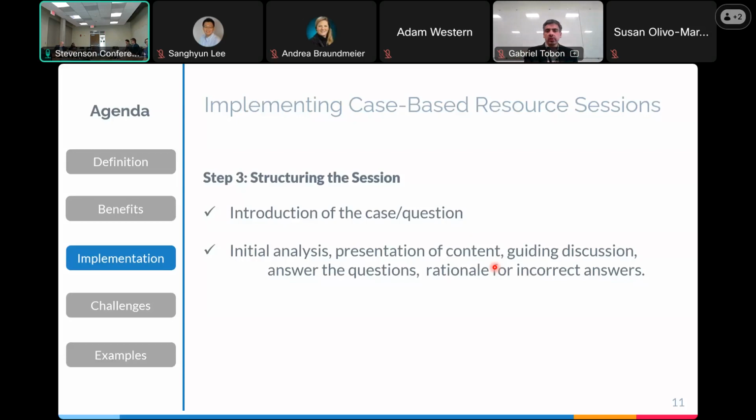And finally, guiding to answer the questions. Another important point is to give the rationale for incorrect answers. In that case, you can incorporate more ideas or more knowledge because you are not only giving the right answer, you are also giving why the different options are incorrect.